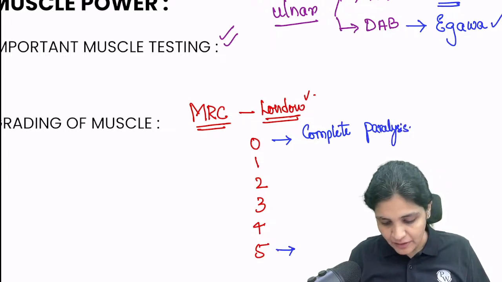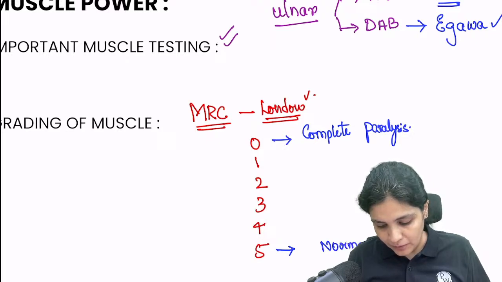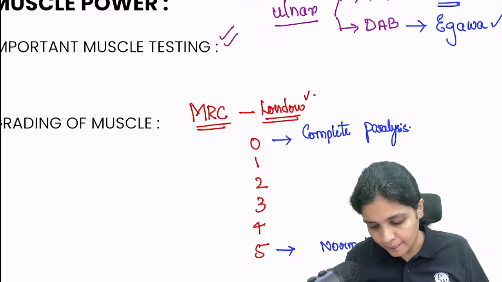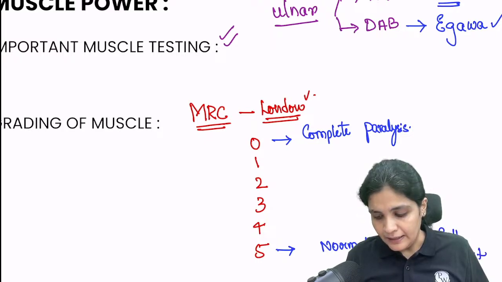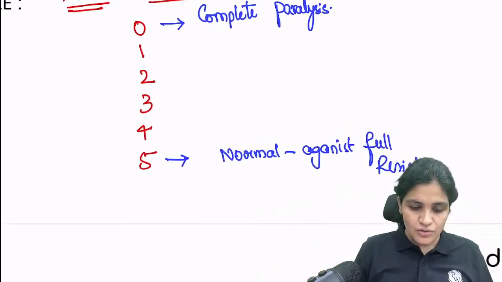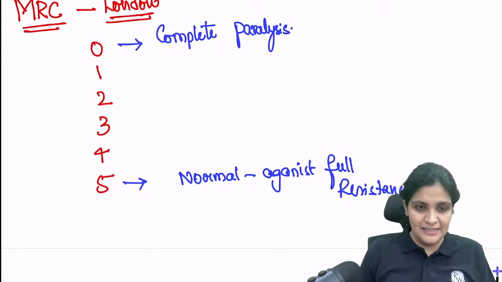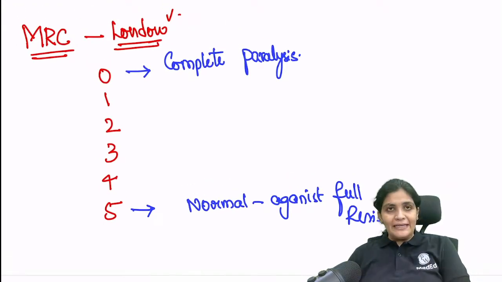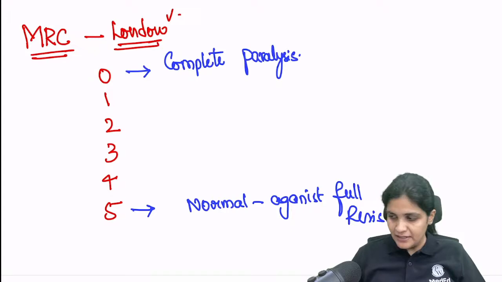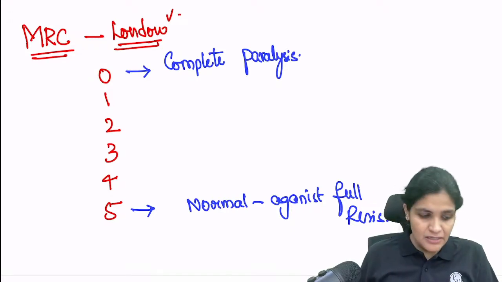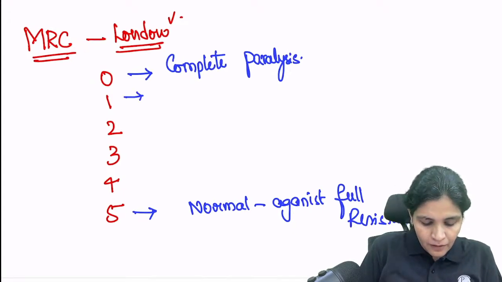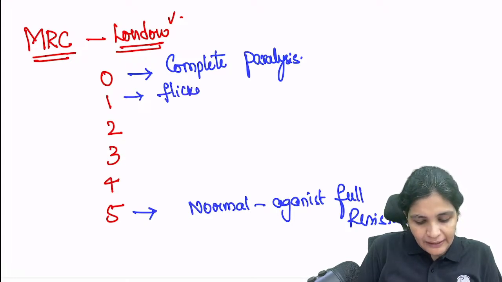Then what is 5? 5 is normal, which is against full resistance. So 0 is complete paralysis, 5 is against full resistance. What is MRC? Medical Research Council. Then what is 1? 1 is flickering of muscle.